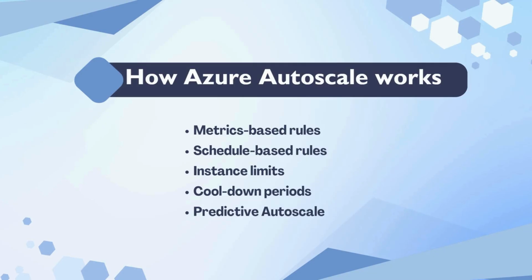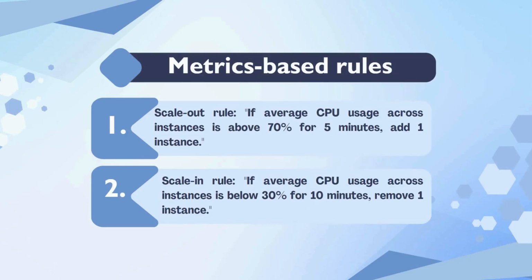The first one is metric-based rules. Metric-based rules are central to autoscale. These rules use performance metrics to decide when to scale. For example, a scale-out rule might state: if average CPU usage across instances is above 70% for 5 minutes, add one instance.